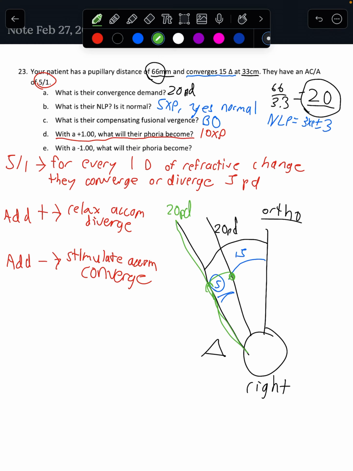I hope that makes sense. So they originally were 5 short, and they converged an additional 5 because we put the minus glasses in front of them, and they ended up at 20, which means they're now right on the line. They're not any further or closer to the nose from that line. So in this case, the patient is ortho.